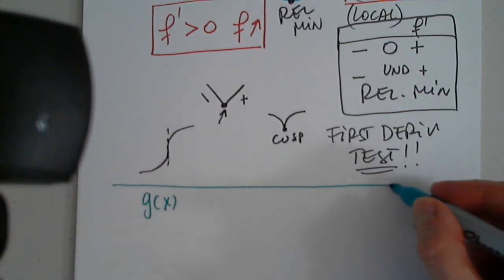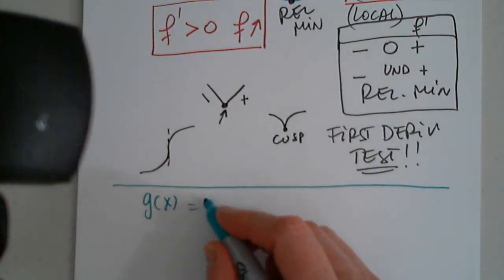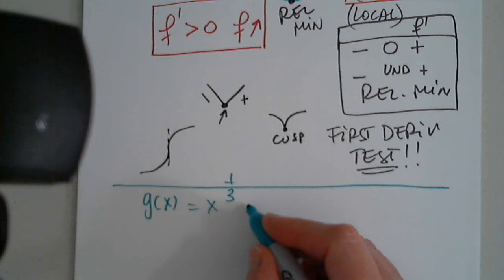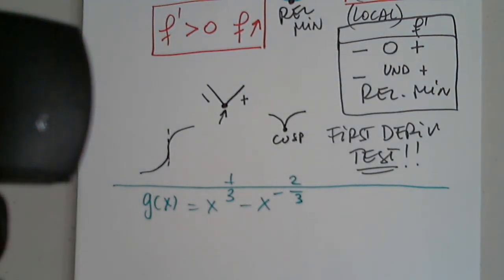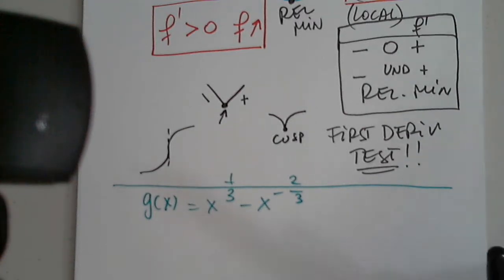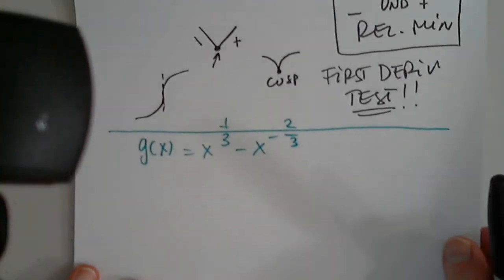Same question, everything the same. x to the 1/3 minus x to the -2/3. Yeah, these problems with fractional exponents are not very friendly. Okay, so first of all, I have to work on this function a little bit.